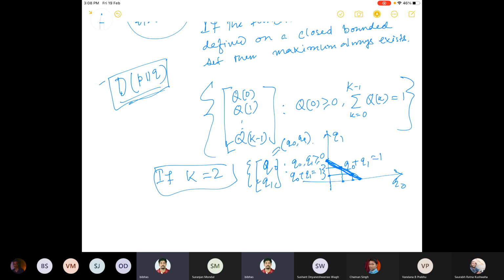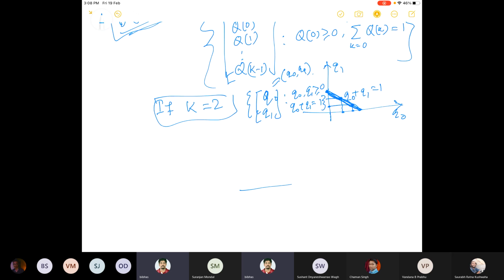In general, for a higher dimension, instead of a line segment it will be a finite plane, which is bounded, in the first quadrant, if you have a notion of quadrant in that k-dimensional space. You can also try to draw the three-dimensional case.